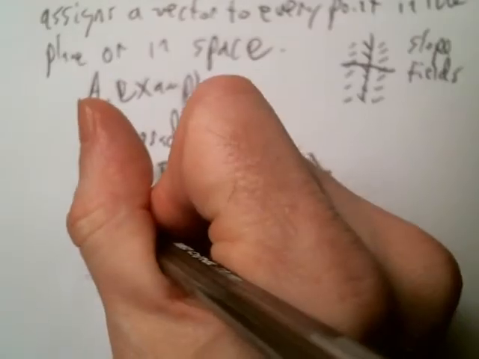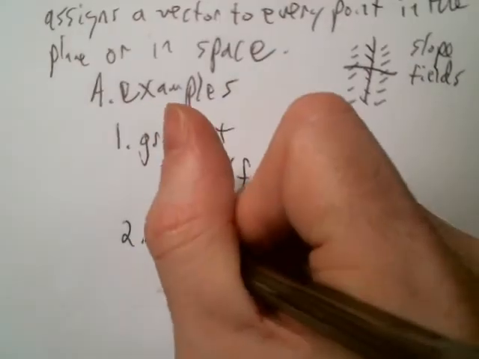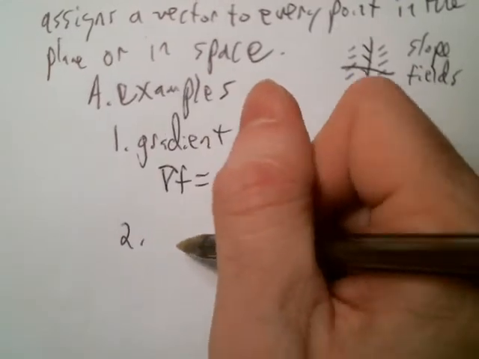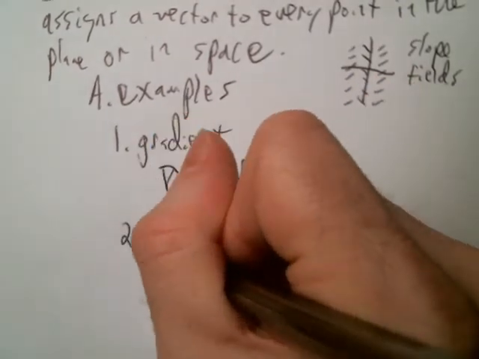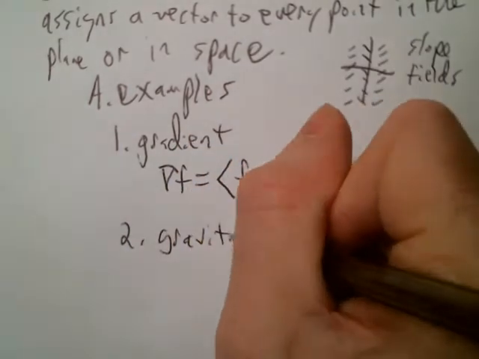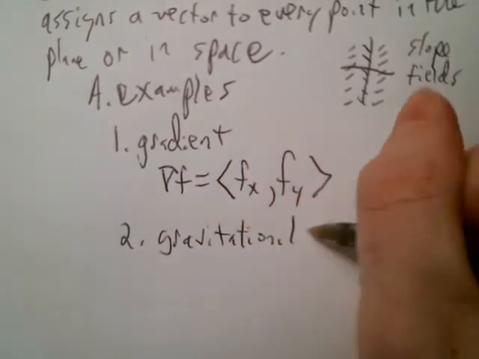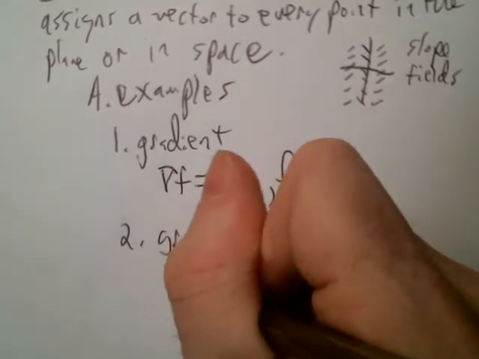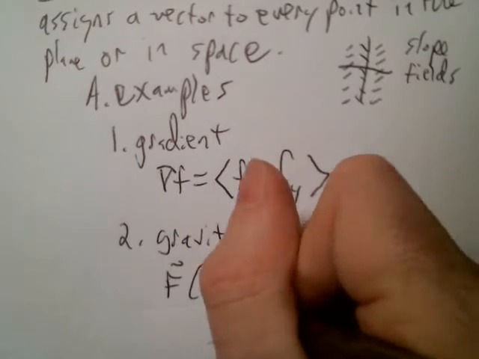Other versions are any sort of inverse square field that you would hit in your physics class, so the gravitational field. They give formulas for that here in our book.